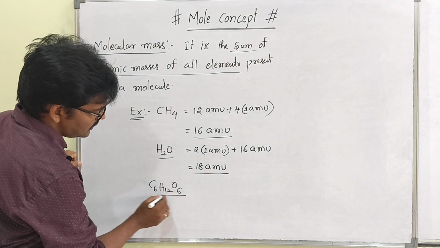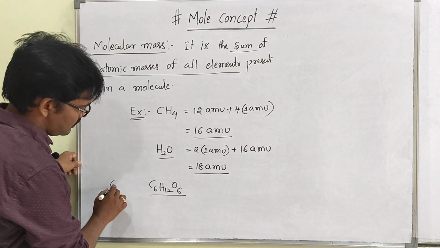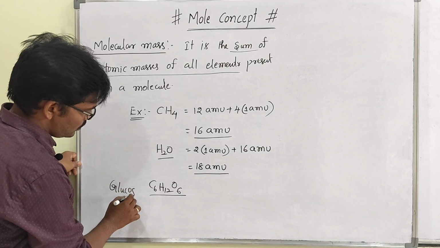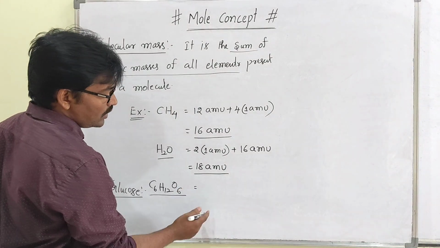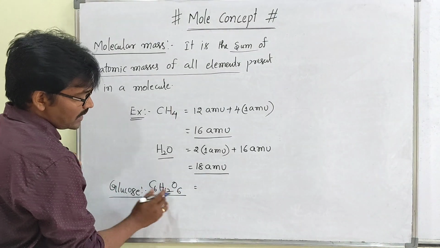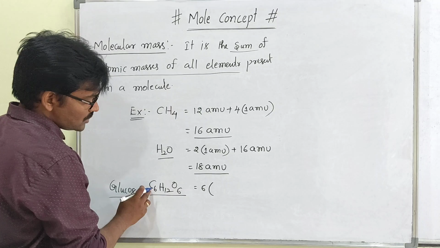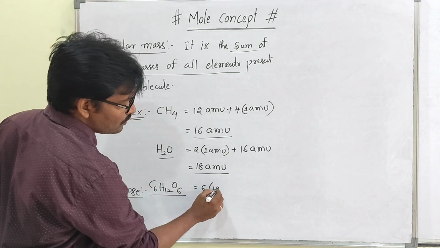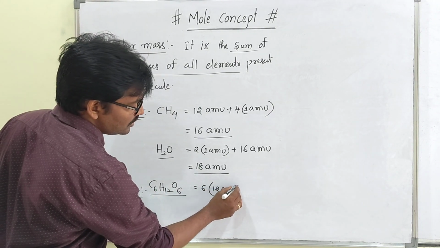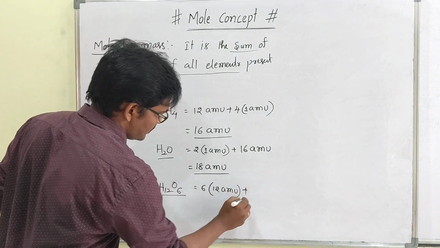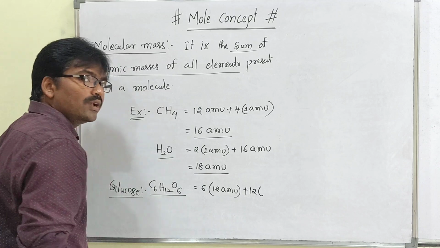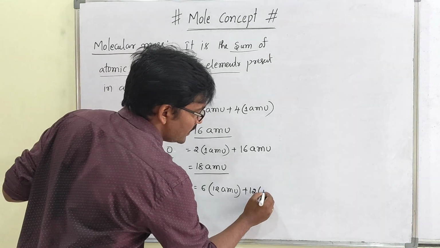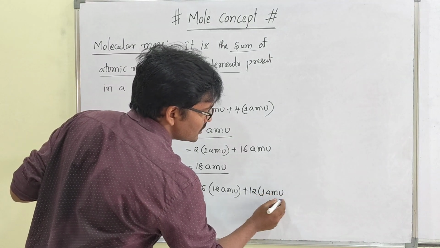Then one more, C6H12O6. Generally we call it glucose, right? We are taking glucose, so we have to find out its molecular mass. So what can you get? Sir, how many carbon atoms are there? 6 carbon atoms are there. Each carbon atomic mass how much? 12 atomic mass units. Plus how many hydrogen atoms are there? 12 hydrogen atoms are there. Each hydrogen atom's atomic mass is 1 atomic mass unit.